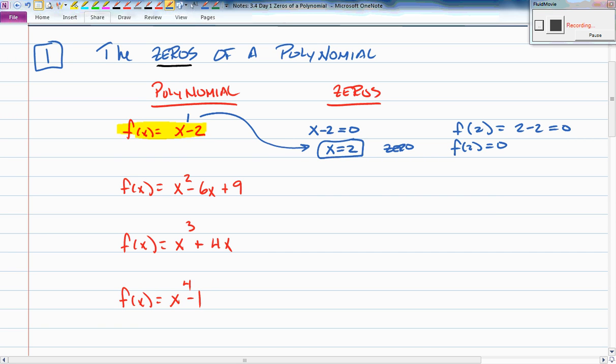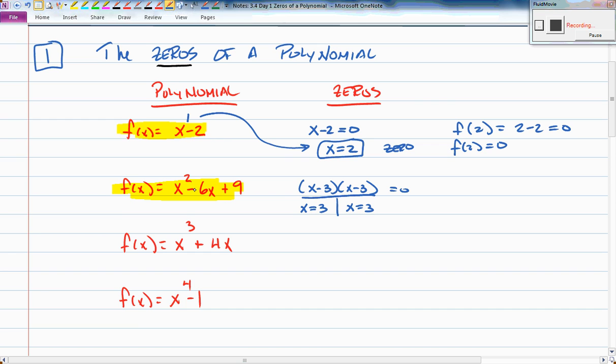All right, so let's take a look at the second one here. F of x equals x squared minus 6x plus 9. Well, we can factor this into x minus 3 times x minus 3. And if I set this equal to 0 and use the zero product property, I would see that x is equal to 3 and x is equal to 3.